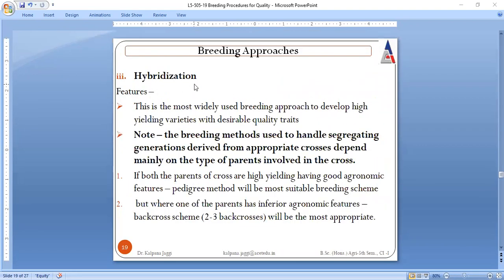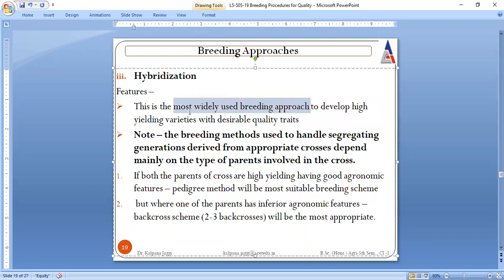Third is hybridization. Hybridization is the most widely used breeding approach, utilized to develop high yielding varieties with desirable quality traits.